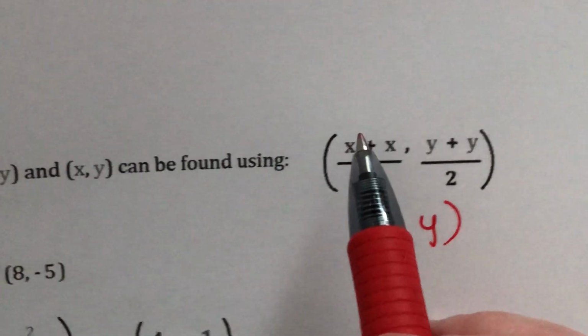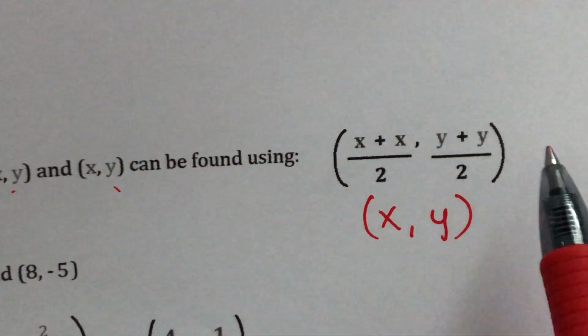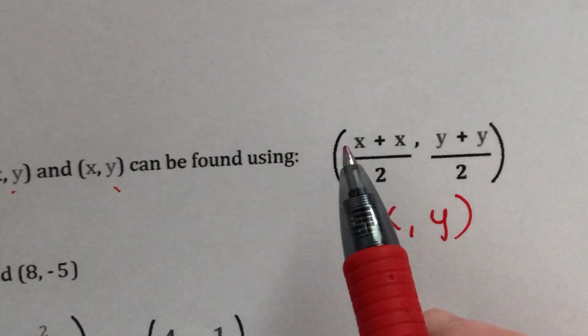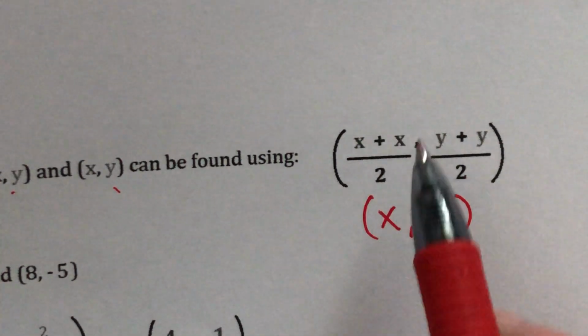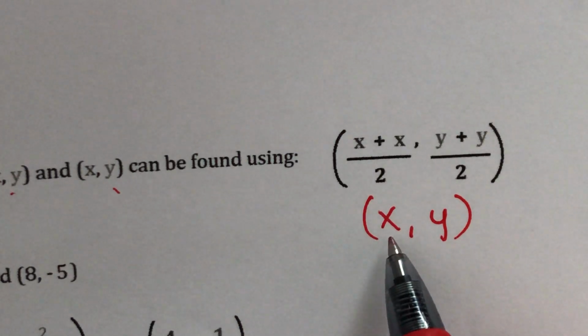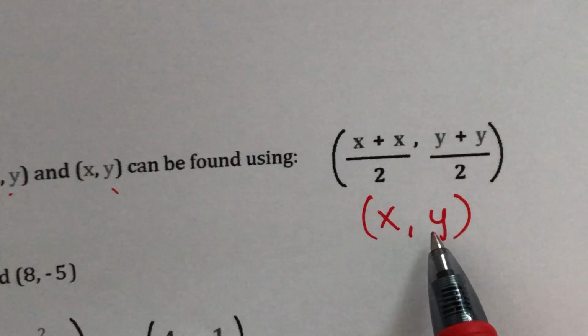Basically, we're averaging. And we're going to add our two y endpoints together and divide by 2. Once we average the x's, that gives us our midpoint x value. And once we average the y's, that gives us our midpoint y value.